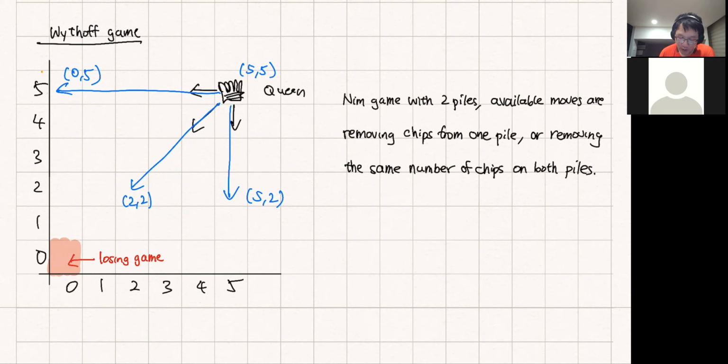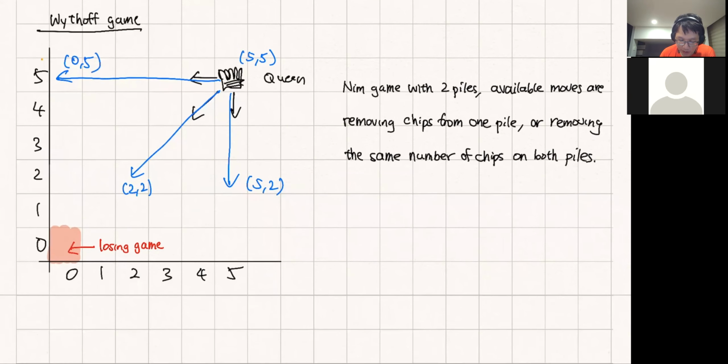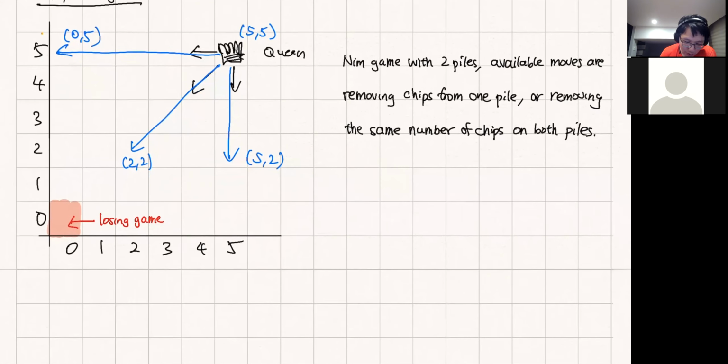And that is the Wythoff game. Any questions so far? All right. So we're going to try to find some nimbers for this game.